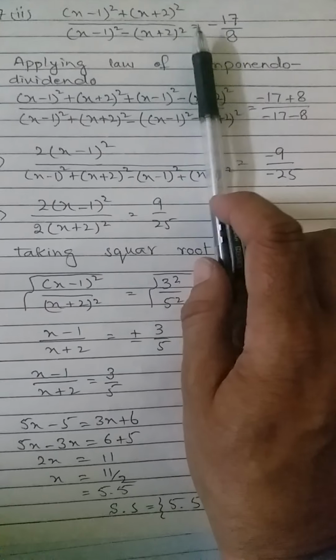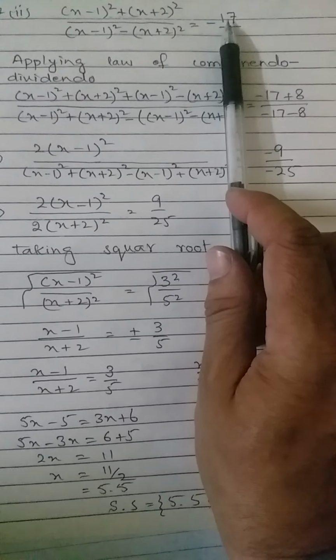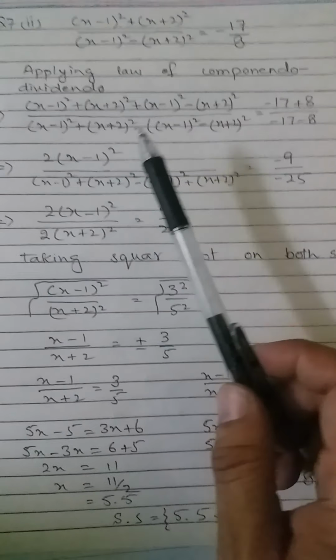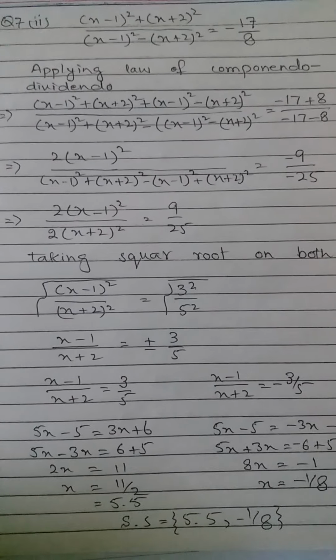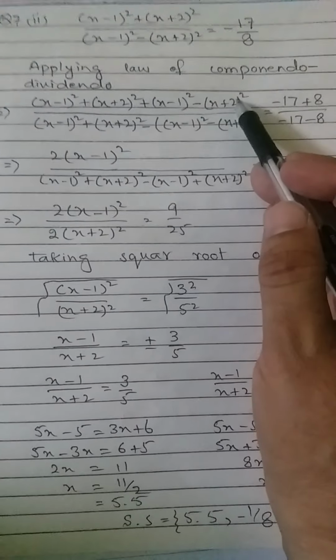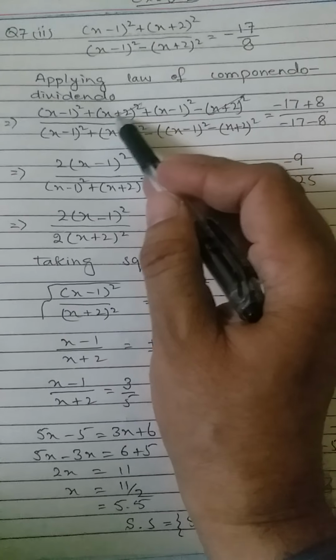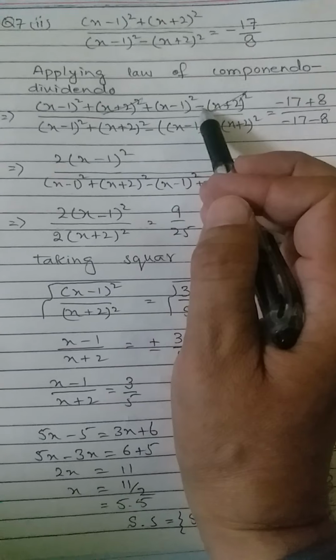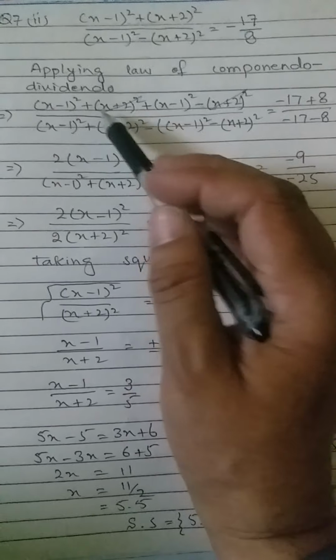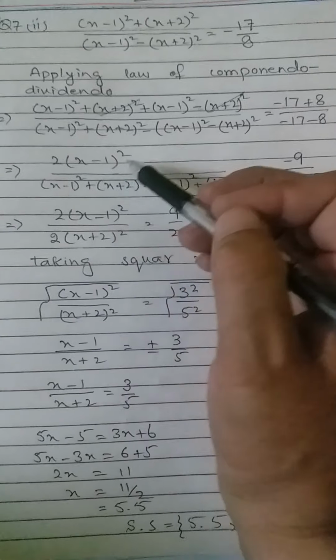Now this minus is with the 17. In this equation we see that x plus 2 whole square cancels with x plus 2 whole square, because one is plus and the other is minus, so we get 2 into x minus 1 whole square.